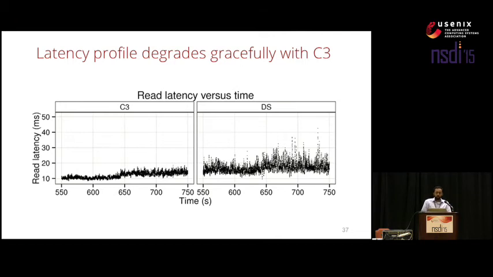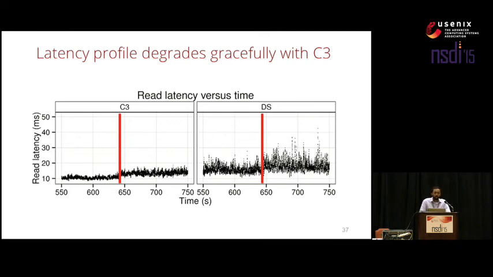So we see two time series here. On the left, we have a time series of the read latencies observed with C3, and on the right, we have the same when using dynamic snitching. Both time series are smoothened with a rolling median to better reveal the underlying trend. The red bar here indicates the moment at which the write-heavy workload generators enter the system, and we see a sudden surge of write traffic.